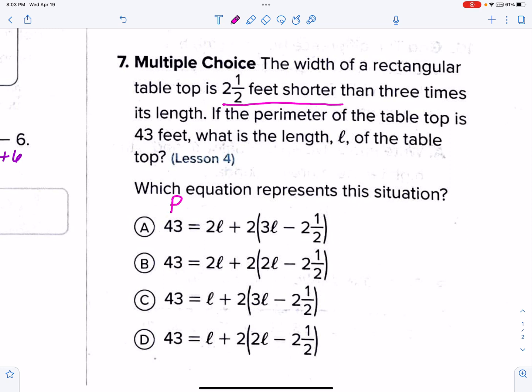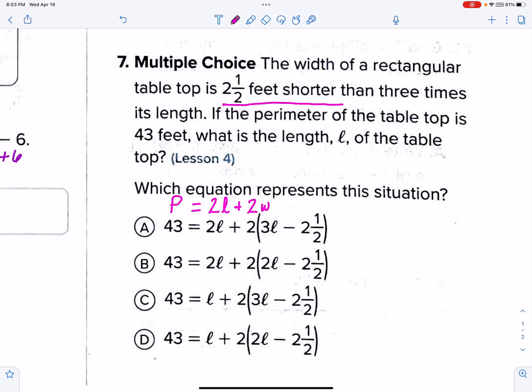So they're saying the perimeter is 43. I know the formula for perimeter, especially of a rectangle, is 2 of the length, and they're doing a little cursive L, plus 2 of the width, because you add up the length, add up the width, and it adds up all the sides.